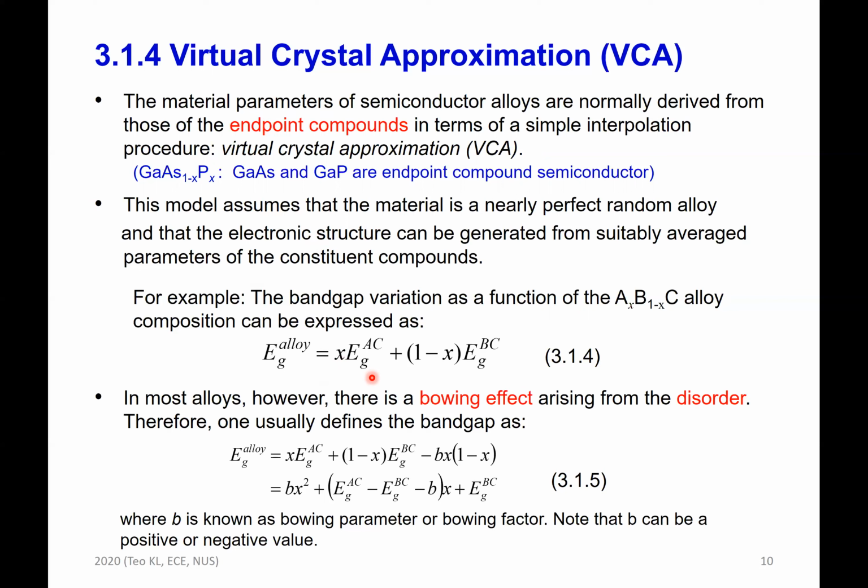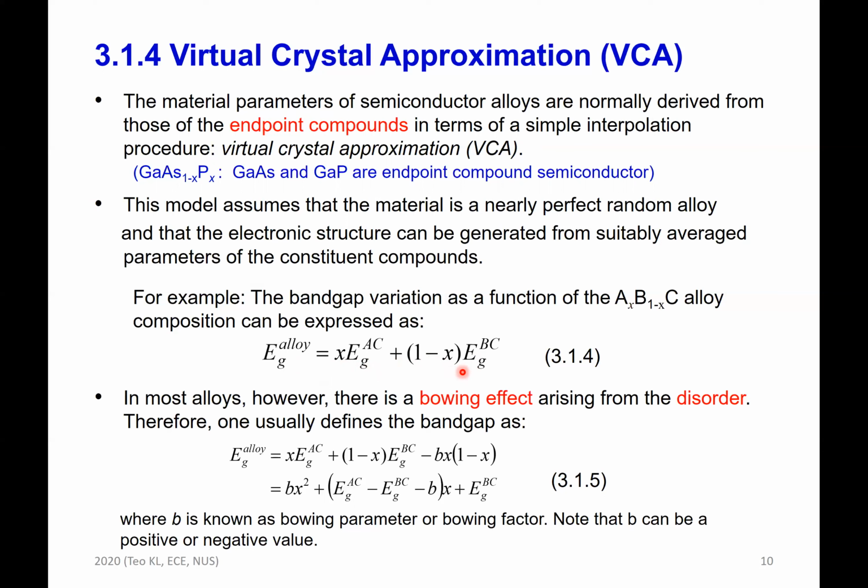It's just that they use the term Vegard's law for the linear approximation of the lattice constant and virtual crystal approximation for the linear approximation of the band gap of the alloy. Now, in some cases, the band gap itself does not vary linearly, because this is a linear equation.